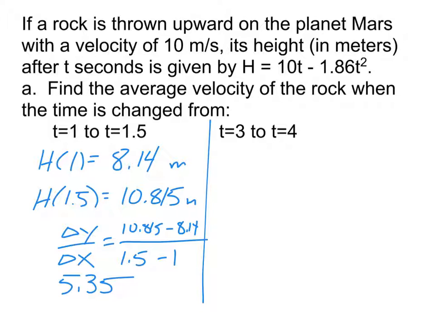And so I get a velocity of 5.35, what? Yep, meters per second. And now that you've seen the process, please repeat the process for t equals 3 to t equals 4.